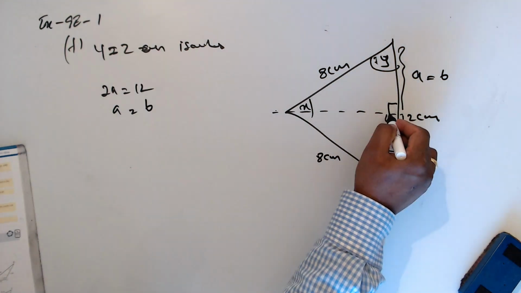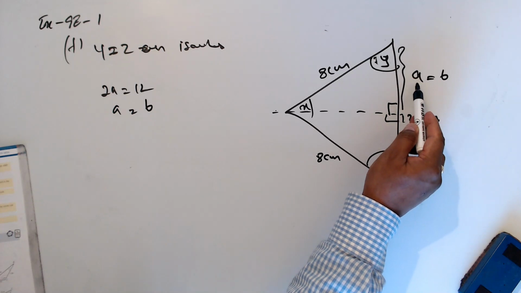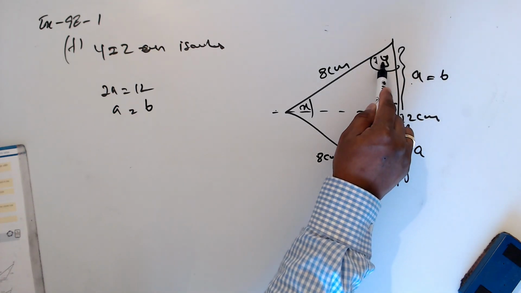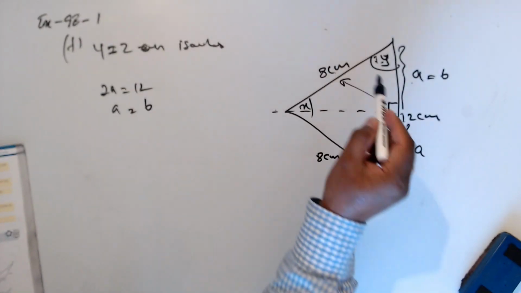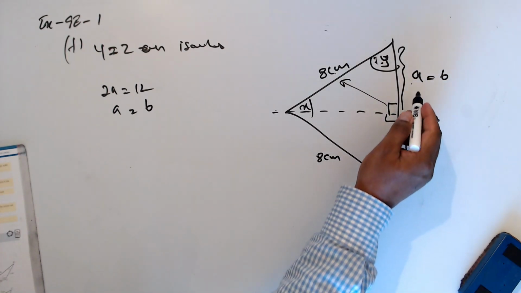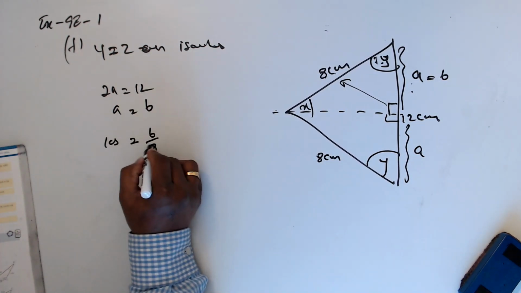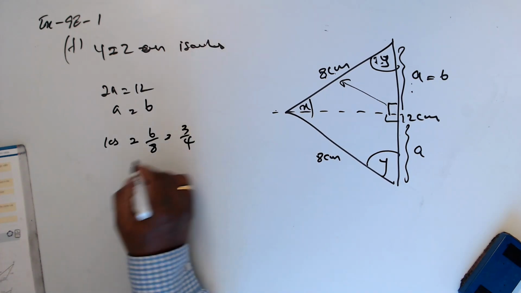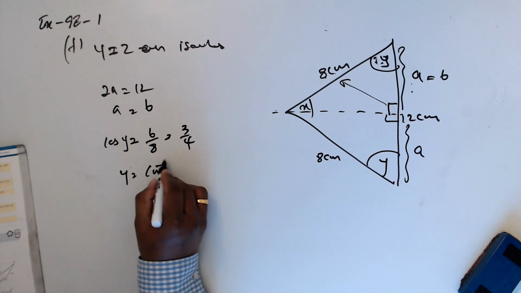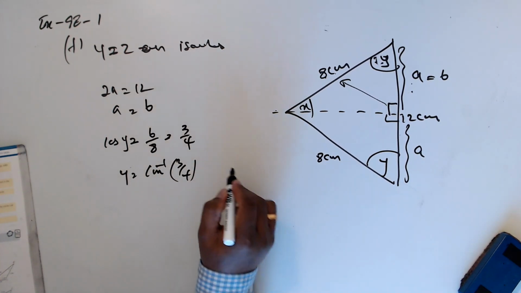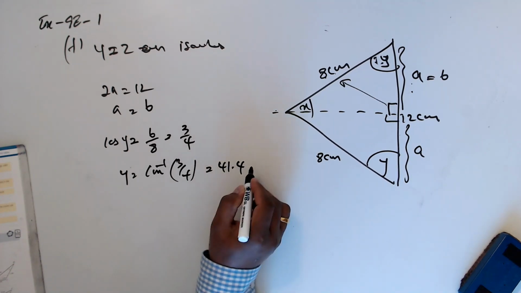So this is 90 degrees and this is adjacent. When you stand here, you can see this is adjacent and this is the hypotenuse always. So adjacent and hypotenuse rule is cos: 6 over 8, which is 3 over 4, cos y. So y equals cos inverse 3 over 4, which is 41.4.